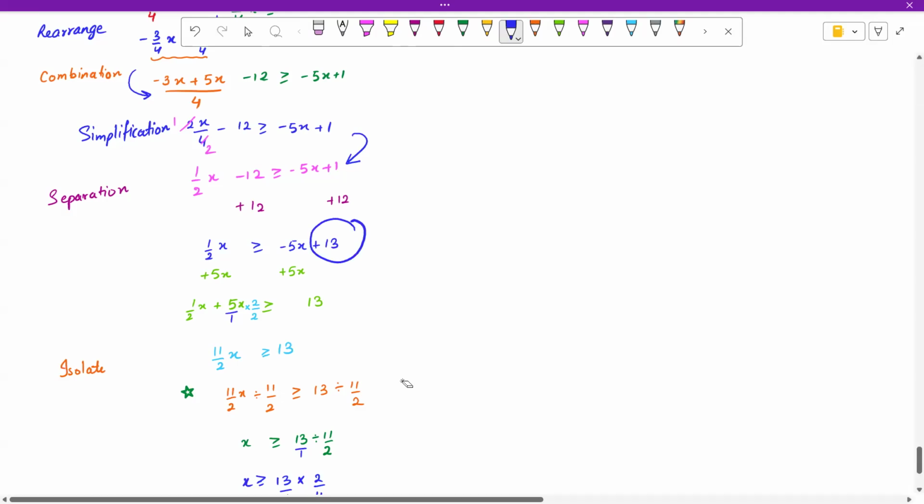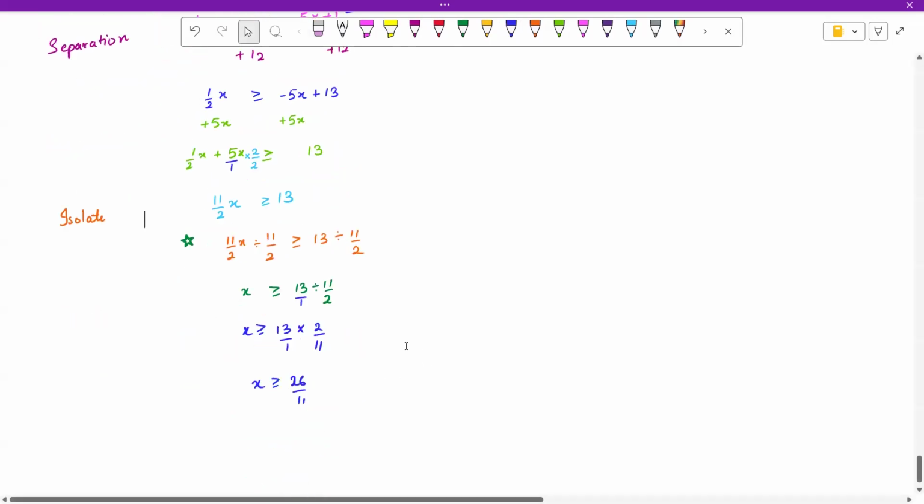Another thing is we have to separate the variable terms to one side, so we did that again. After that, we solved it further because both variable terms have a fraction. After solving it, we had to isolate the variable x. For that, we applied the opposite operation of 11 over 2 and solved further. So we got this answer.